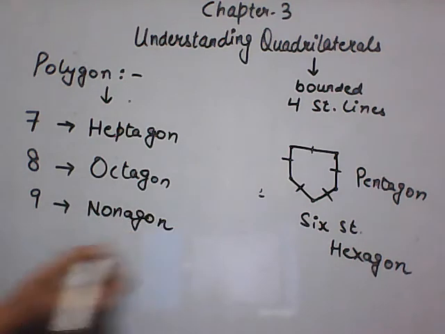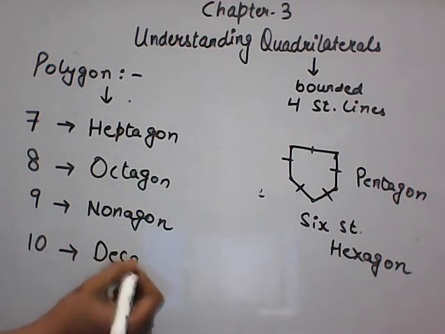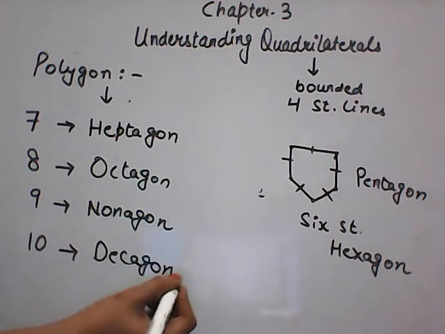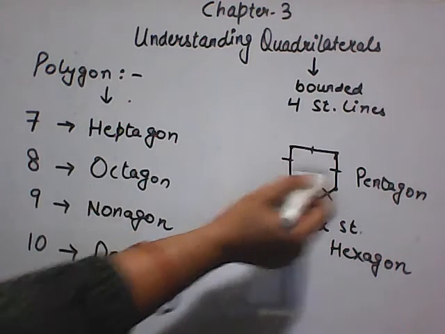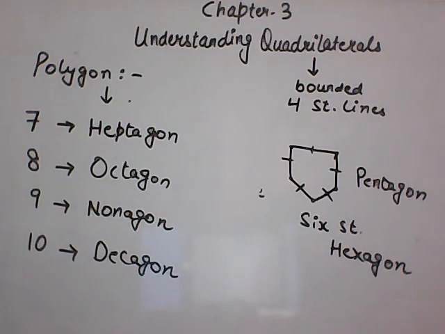Any figure that is bounded by 10 straight lines is known as a decagon. In this way, polygons can be classified according to the number of sides they have. If a polygon has 5 sides, then this polygon is known as a pentagon.